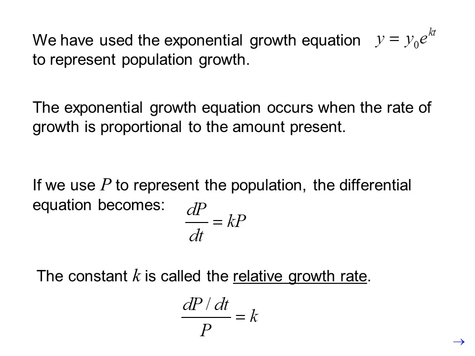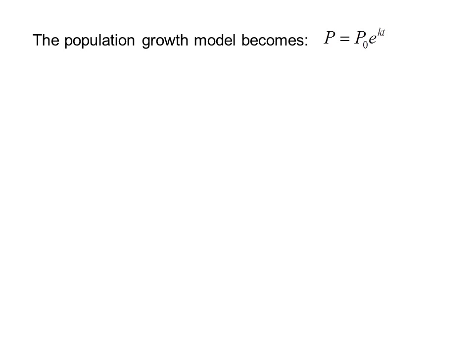The constant k is called the relative growth rate. We have dP/dt divided by P equals k. The population growth model becomes P equals P sub 0 e to the kt.